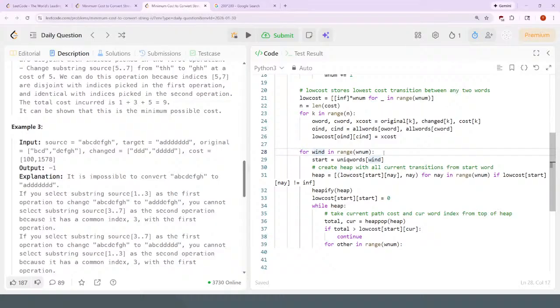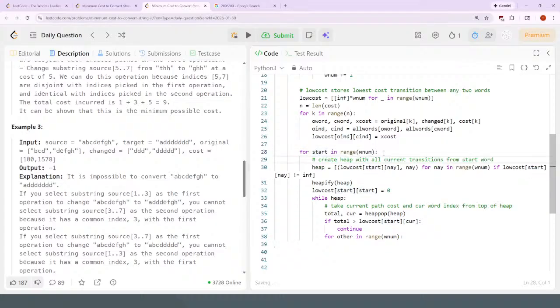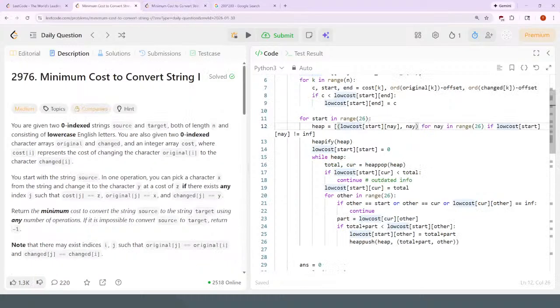No, this is wrong. I think this should just be where we start. Start is the actual index rather than the word. I think start is every index. Start is every index, right?